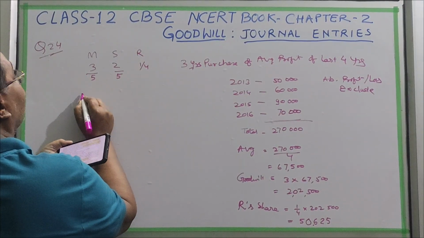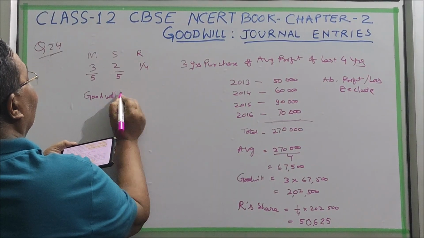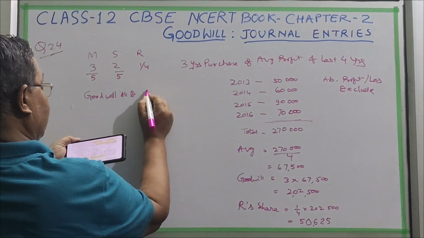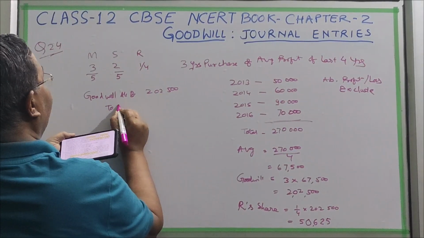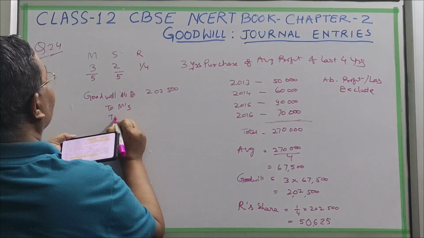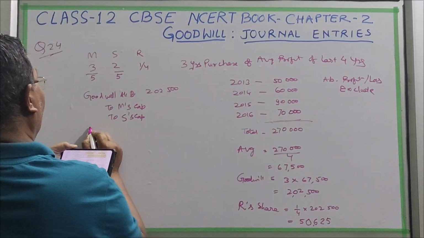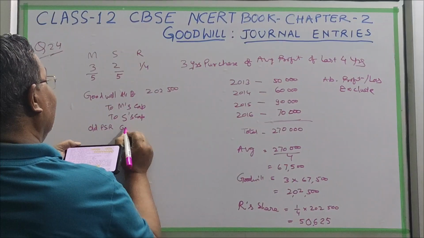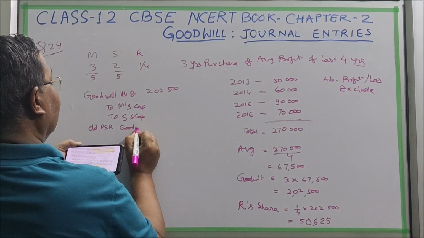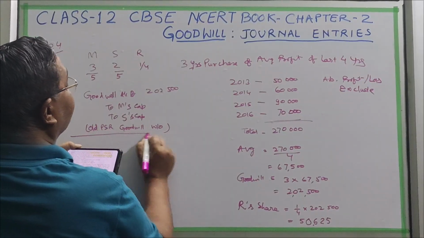So old goodwill account debit, amount is 2,02,500, to M's capital and to S's capital. Old PSR goodwill will be written off.